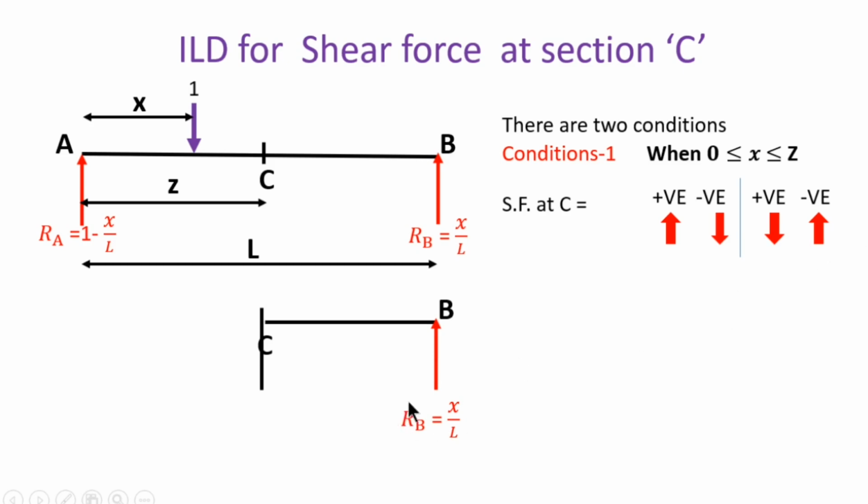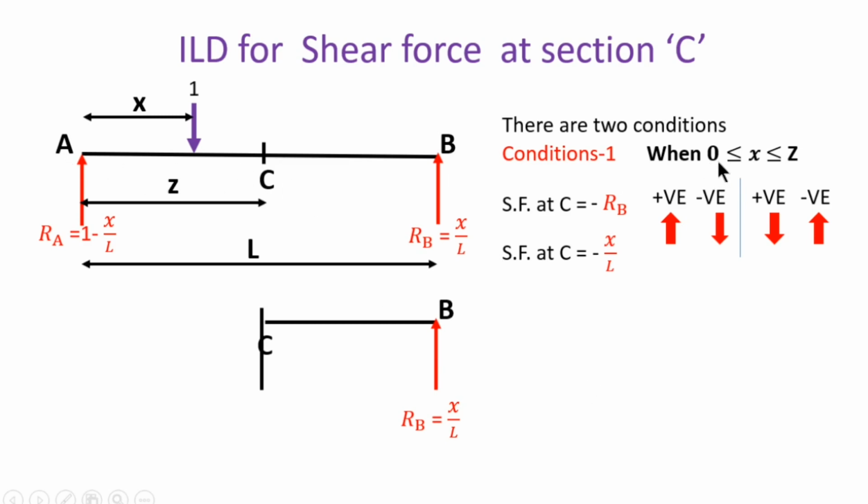So this upward force is negative. So shear force at C is equal to minus Rb, and we know Rb is equal to x by L. So shear force at C is equal to minus x by L.